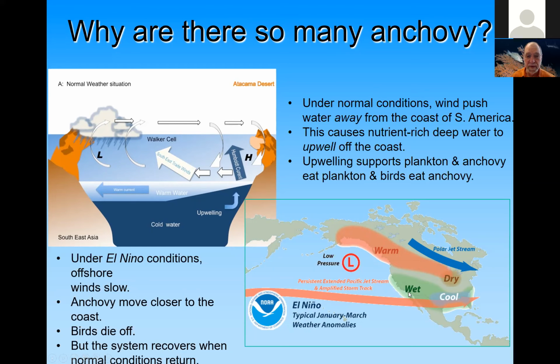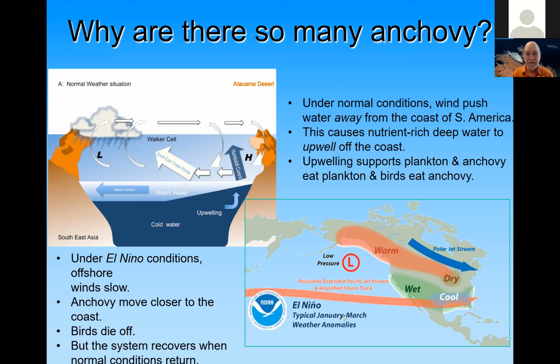And with the failure of the winds, the upwelling tends to stop. And because, as we talked about, phytoplankton are not like trees, they live a day or so, they're very responsive to conditions and fluctuations in those conditions. So if upwelling stops, very quickly the availability of nutrients starts to limit the primary production, and the zooplankton that feed off the primary production, and the anchovy which feed off the zooplankton.